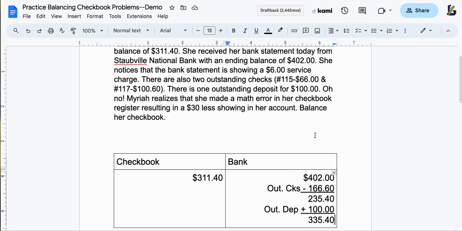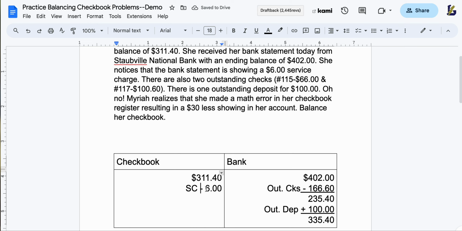Okay. The bank statement is showing a service charge. That's showing up on the bank statement, so the bank knows about it. The bank is always going to charge you a service charge and not tell you until you get your statement. So that's missing on the checkbook side. That's not in Myra's checkbook. For a service charge, we need to subtract this because this is money coming out of her account.